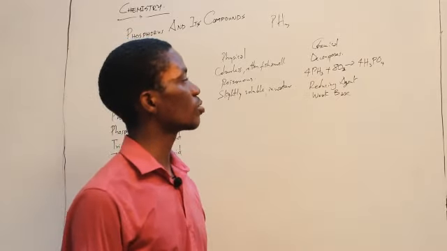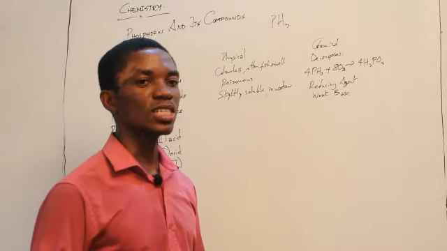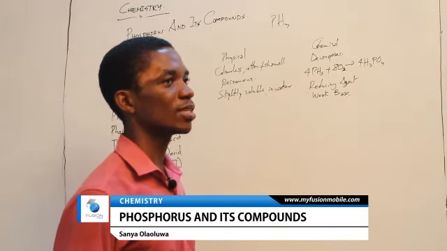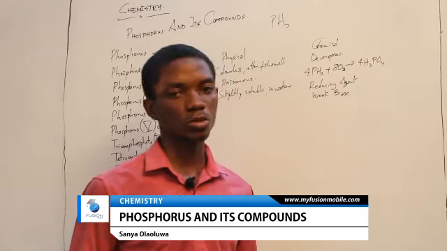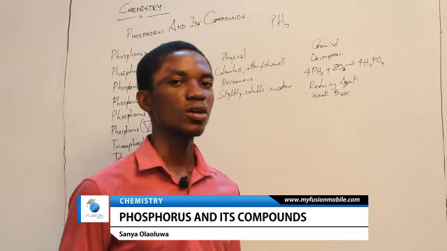It is a very strong reducing agent, and phosphine itself is basic in nature. It reacts with certain acids to form complex salts, because it is a weak base, and weak bases tend to form complex salts most of the time.